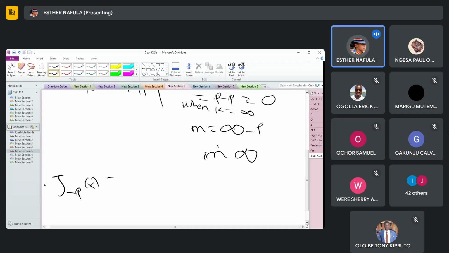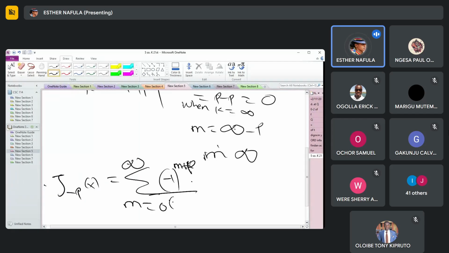So let's transform our J minus p of x. It is the summation, we are summing over m, m is running from 0 to infinity, minus 1 raised to power k. But what is our k using the transformation? m plus p, divided by k factorial.